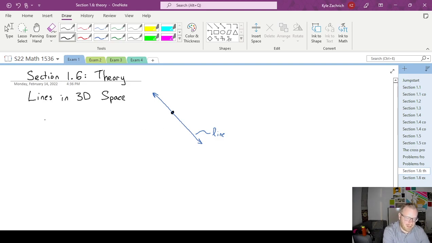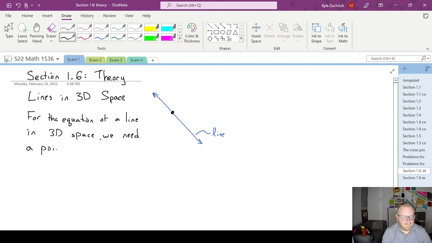So, speaking of defining a line, I'm going to try to work my way up to tell you how we get the equations of a line. But we need two things. For the equation of a line in 3D space, we need a point on the line, right?